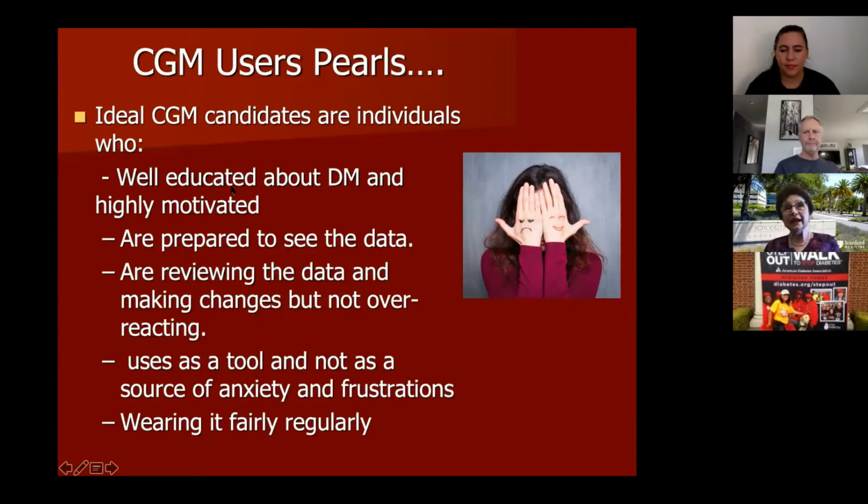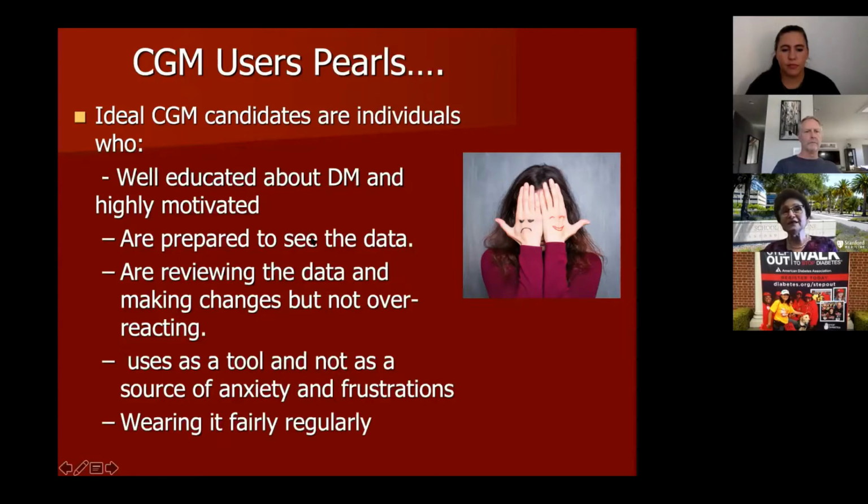Who is a good candidate for CGM? With the available CGM technology nowadays, I think everyone is. It's just how you prepare to see your data. That's the most important thing. How do you review the data, what do you know about diabetes, how motivated are you? Are you prepared to see the data?